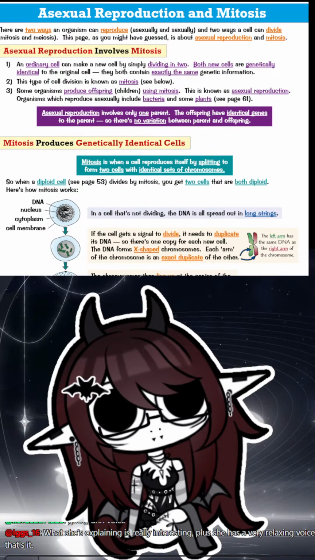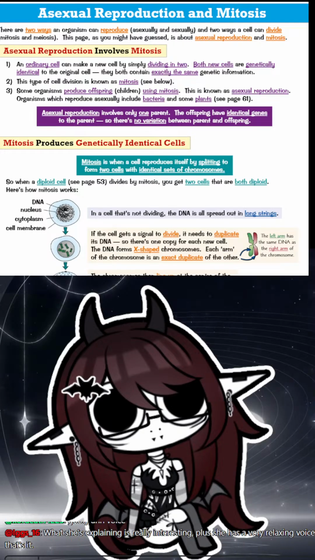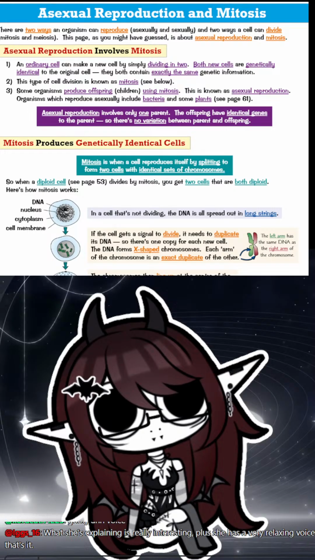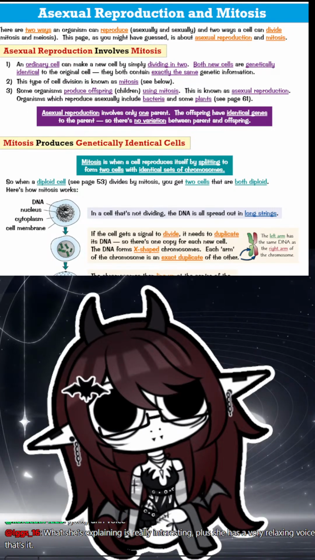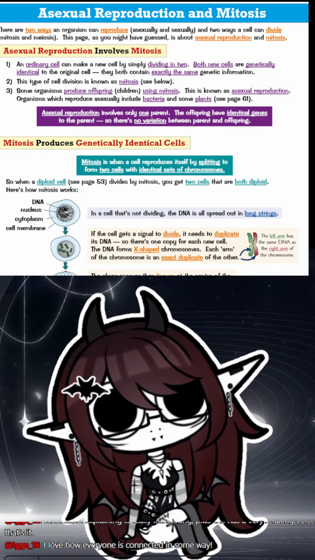An ordinary cell can make a new cell simply by dividing in two. Both new cells are genetically identical to the original cell. This means they both contain exactly the same genetic information. This type of cell division is known as mitosis.